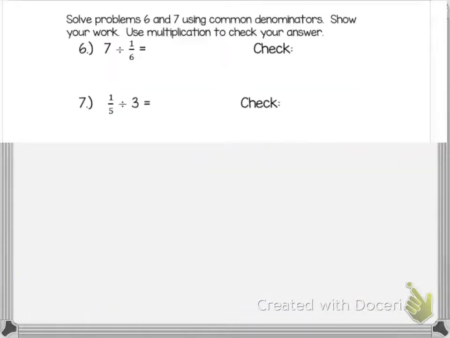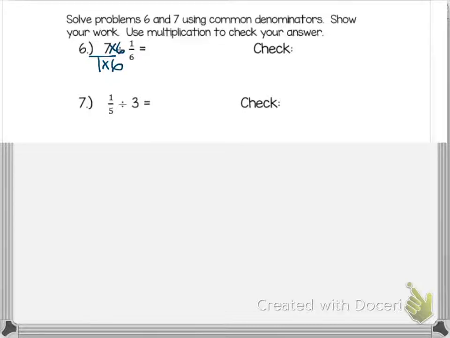Solve problems 6 and 7 using common denominators. Show your work. Use multiplication to check. You must check your answer. So if I'm using common denominators, remember I ignore the denominator once I find it. So if I have 7 over 1, I need to multiply it by 6 to get my answer.